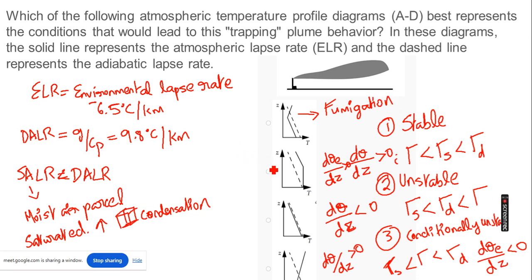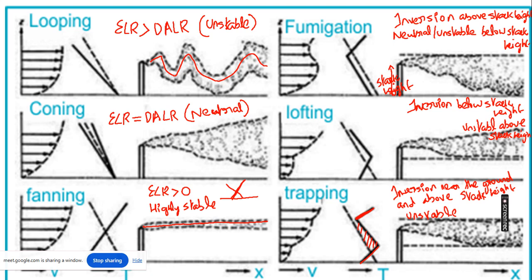So in this question, we don't have the profile which exactly matches the trapping behavior, but this one is actually having an inversion layer near to the ground. Then we have unstable atmosphere, but for trapping, we should have an inversion layer on top also. But since this is mostly closed, both inversion layers are not present, but we have an inversion layer near to the ground. So this actually represents the condition known as lofting, I guess.